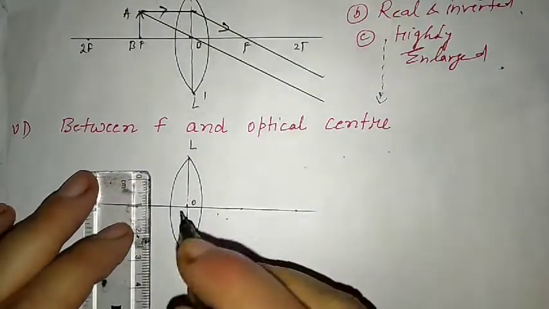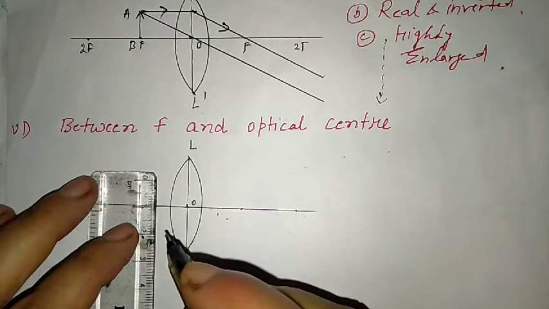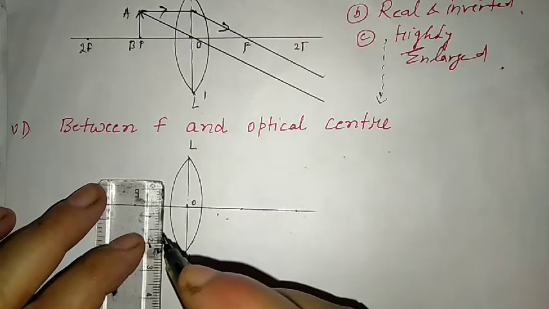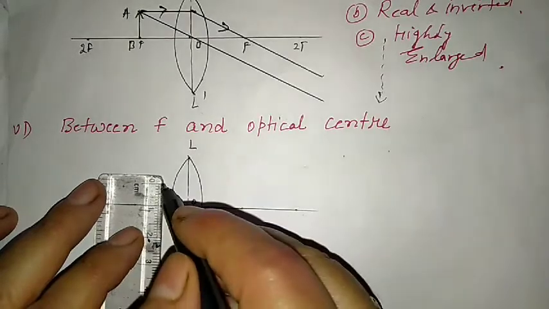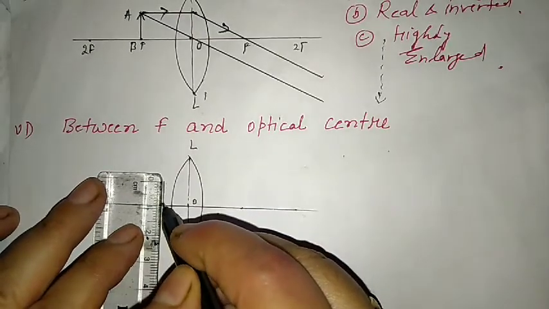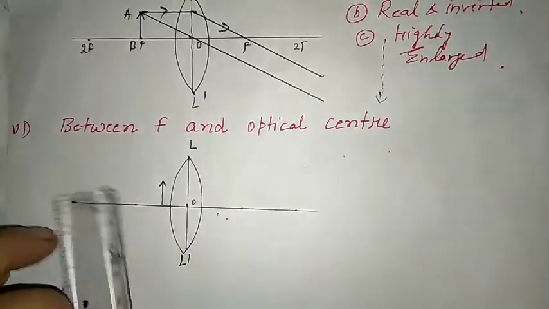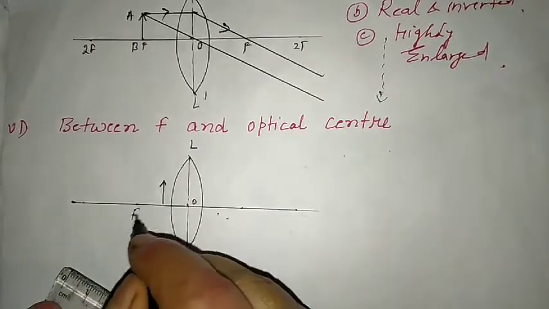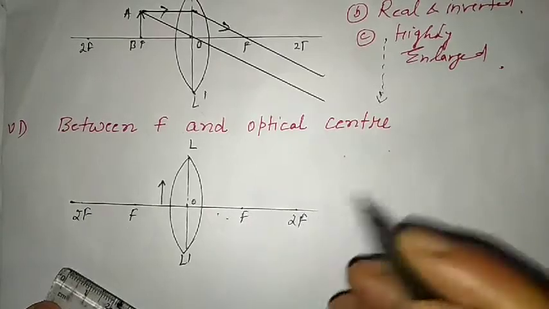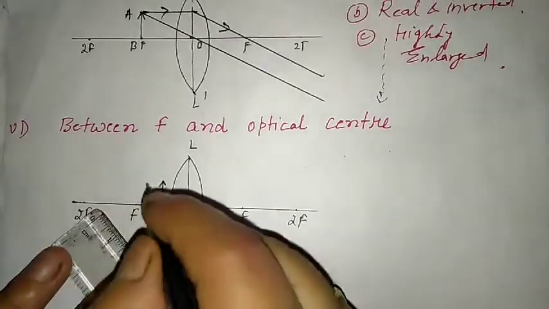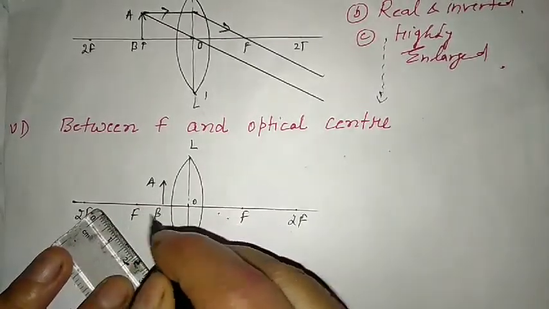So the object is placed here between F and optical center. This I am taking little smaller. So this is the object. So one ray, this is F, 2F. This is A and B.